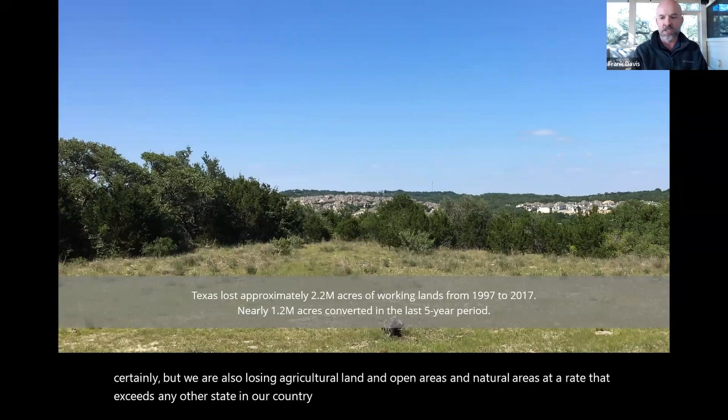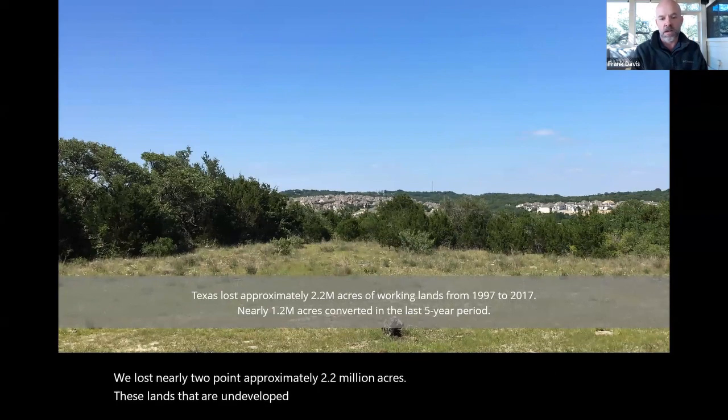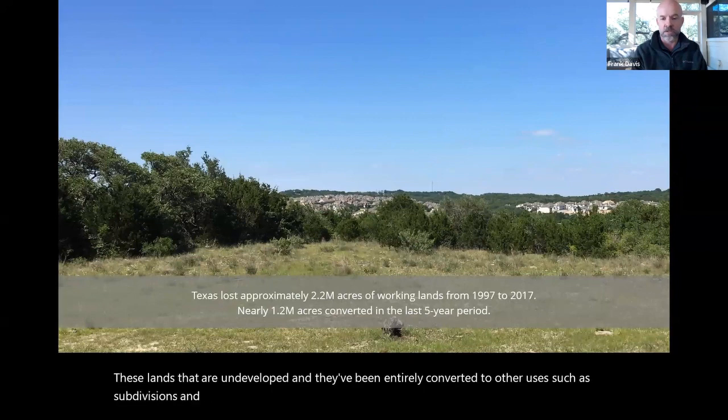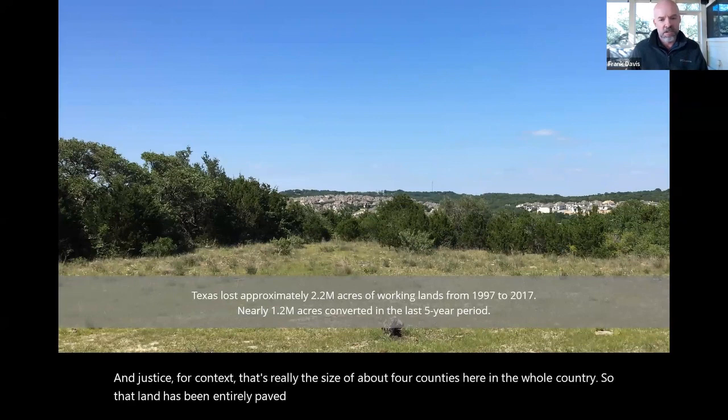And in just a 20-year period from 1997 to 2017, we lost approximately 2.2 million acres of these lands that are undeveloped, and they've been entirely converted to other uses such as subdivisions and commercial uses and highways and such. And just for context, that's really the size of about 4 counties. So that land has been entirely paved over. It's hard to unpave once you pave it.